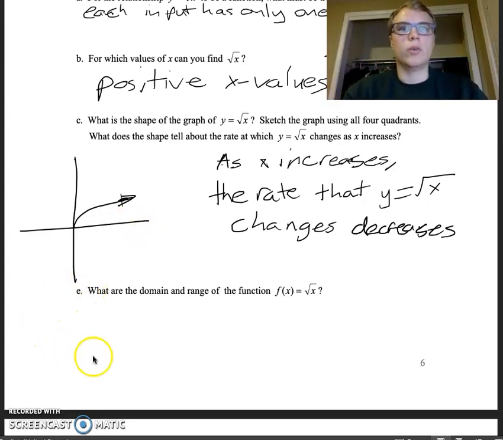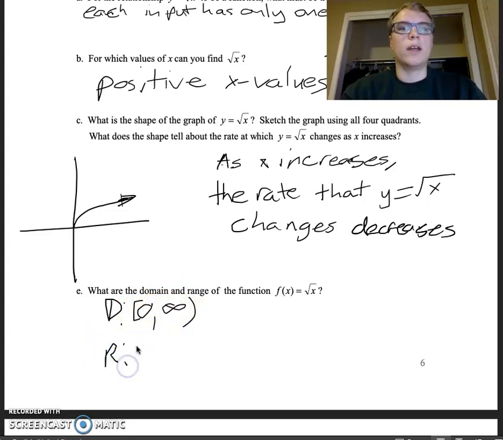So using what we have answered for A through C, what can we say our domain and range are? Let's start with the domain. If we're only looking at positive x values, then in interval notation our domain is from 0 to infinity, including 0, because yes, you can take the square root of 0.